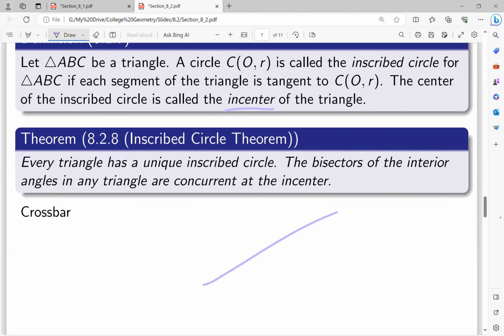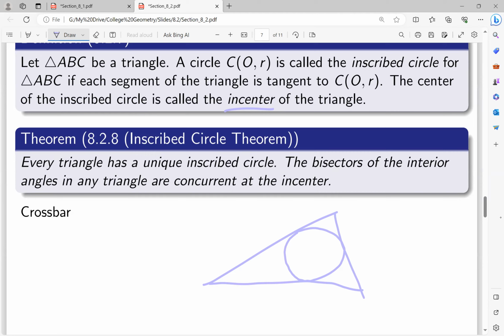Okay, so if you have a triangle, and then you can draw the circle tangent to everything, that is the incenter. So remember, we're in neutral geometry, so we have a theorem that says every triangle has a unique inscribed circle.